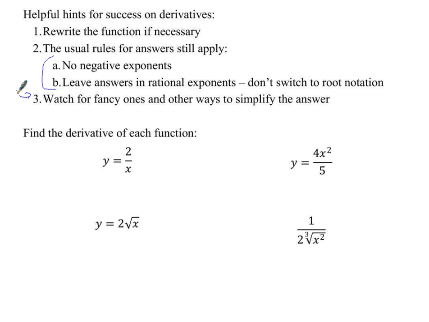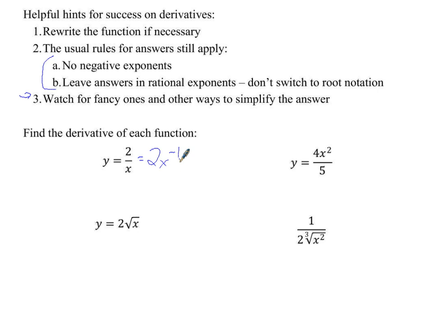All right, find the derivative of each function. What do I need to do with my first problem here? Rewrite it. So this becomes 2x to the negative first power.